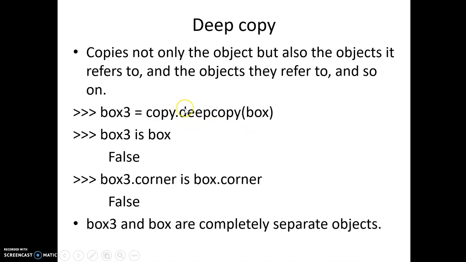You need to import the module known as copy, and then the method for deep copy is deepcopy of the box. If you go with this copy method, it is also going to copy all the inner levels of the attributes and values, but the two objects are again always different. You can see box3 and box are completely separate objects.